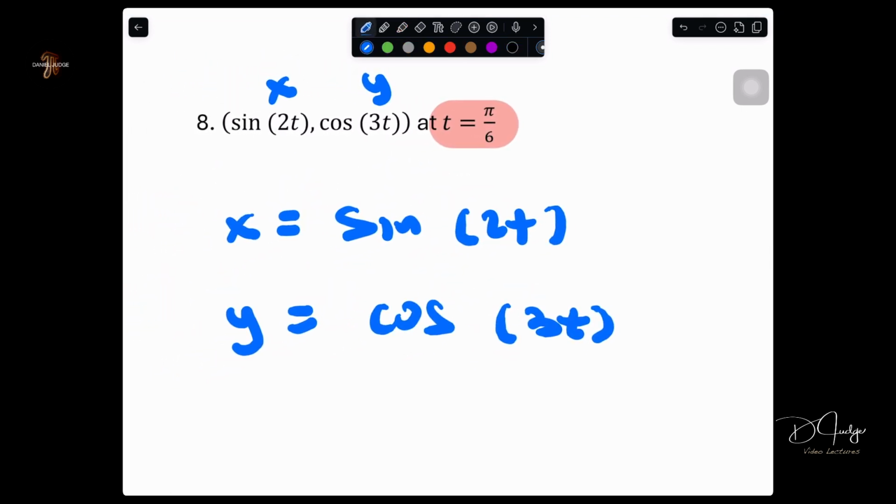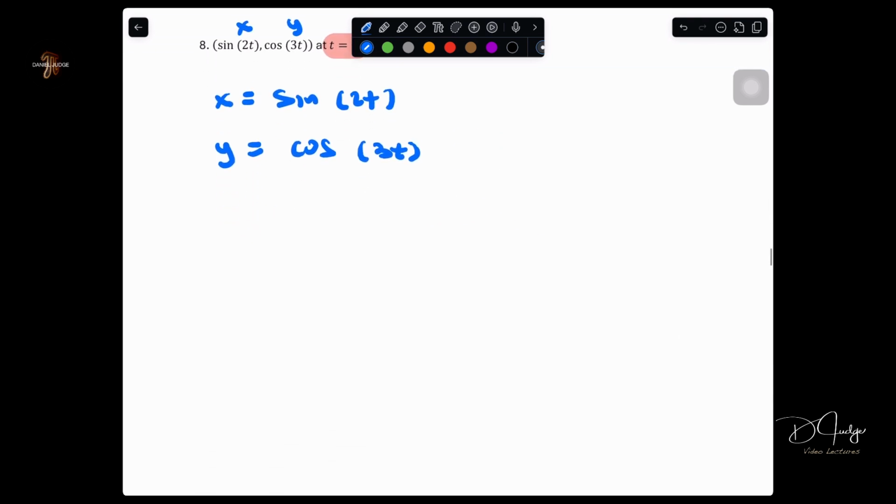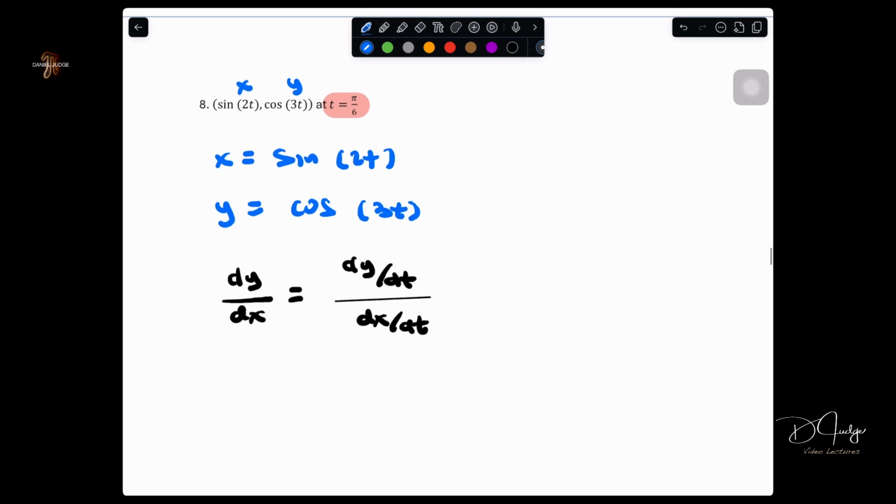So we need the derivative, dy/dx. I'm going to change the notation here. We write it as dy/dt over dx/dt.